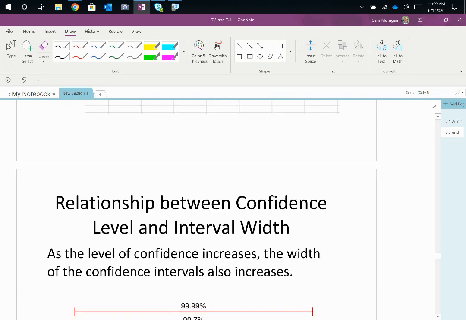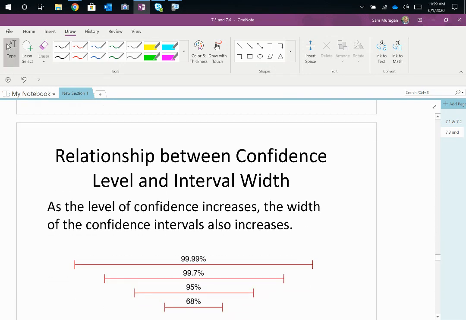So keep that there. We'll come back on references. FYI, the relationship between confidence level and interval: 99.9, 99.7. So this is 1 standard deviation, 2 standard deviation, 3 standard deviation, greater than 3 standard deviation.